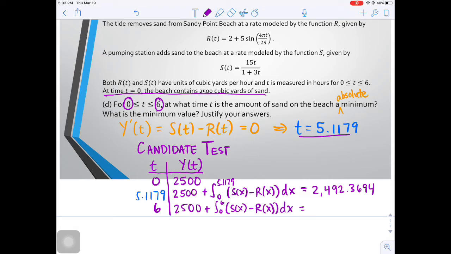If you do the same thing, plug it in your calculator, you should get 2,493.2766. By the way, we could have done this for the first point as well. We could have taken 2,500 plus the integral from 0 to 0, but the integral from 0 to 0 is just 0, so that's why we just started off with 2,500.